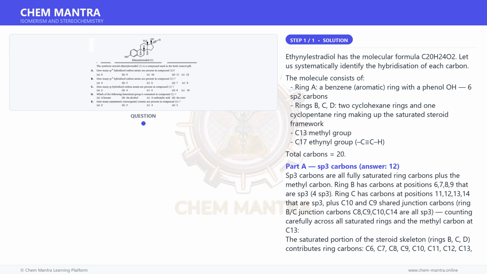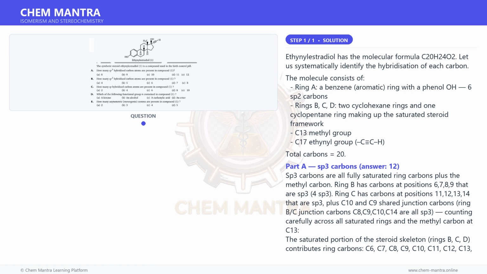perhaps one of the aromatic ring carbons bearing the O, the phenol carbon, is being classified differently, or the two ring fusion carbons between rings A and B are counted as sp3 because they are at the junction. In a fused aromatic saturated ring system, the fusion carbons are still sp2 if they're part of the aromatic ring. But if the answer is 5, then only 5 carbons are sp2.